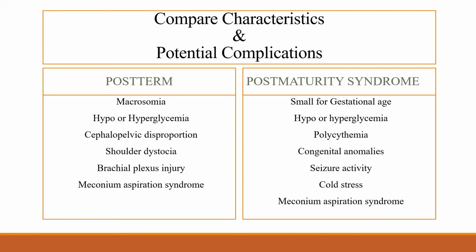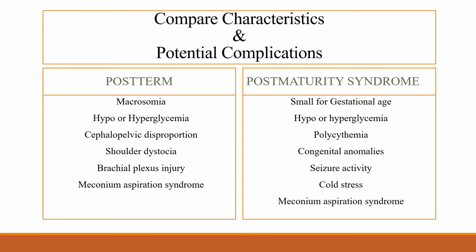Post-maturity syndrome newborns may be small for gestational age. So they have been in utero for 42 weeks or greater, but they're starting to lose weight and become smaller for their gestational age. They may lack the brown fat or extra adipose tissue that you will see in most term neonates.